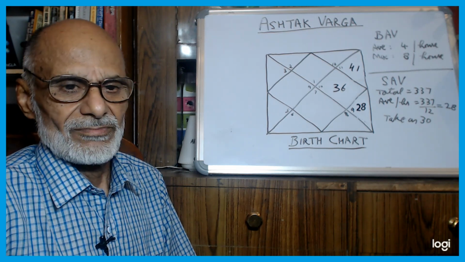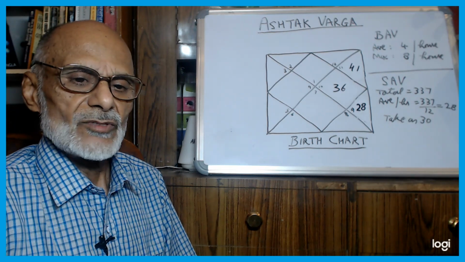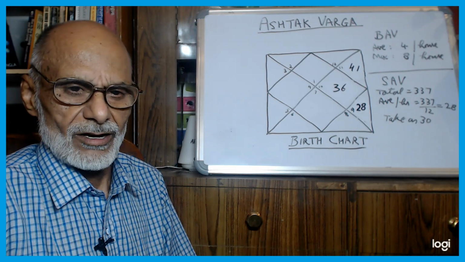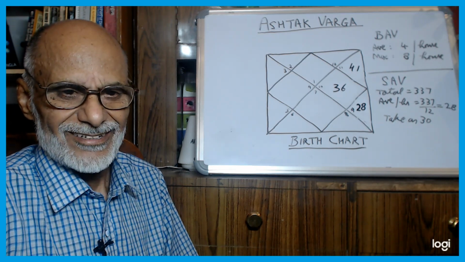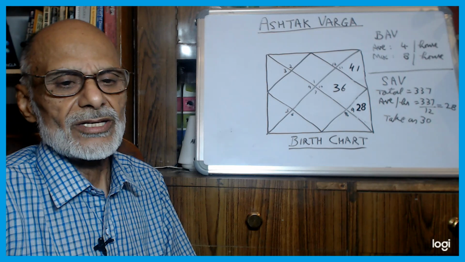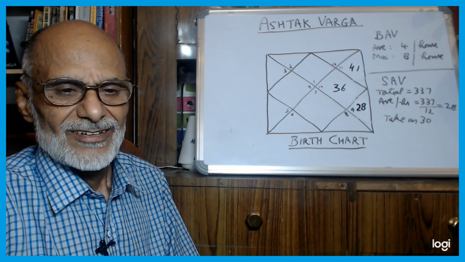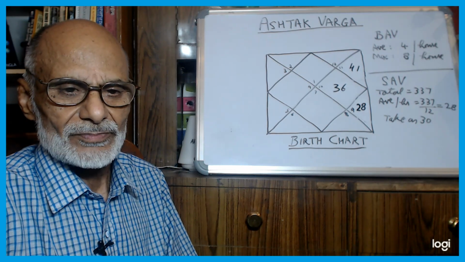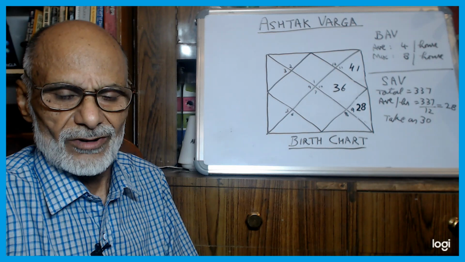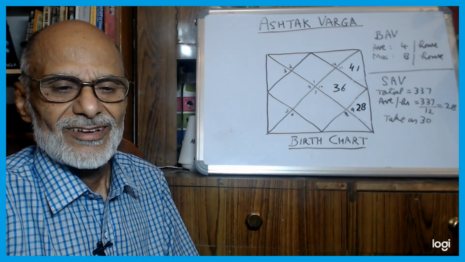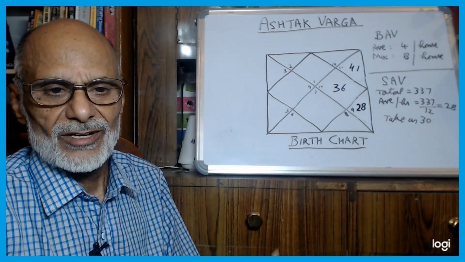And this scheme is very interesting because it is very elaborate. You can write a whole book on Ashtak-Varga if you go into the theory. But my aim is just to give you a simple procedure, whereby, if you have computer software to generate your birth chart, then a good software gives these Ashtak-Varga points.